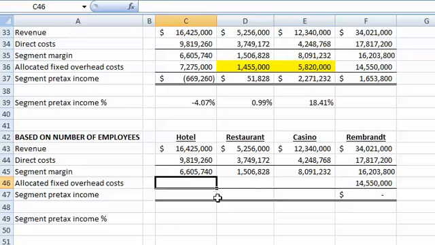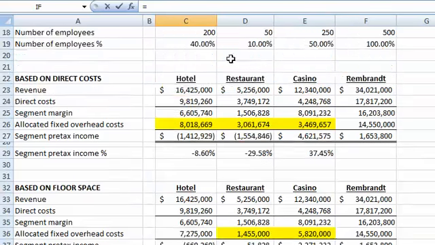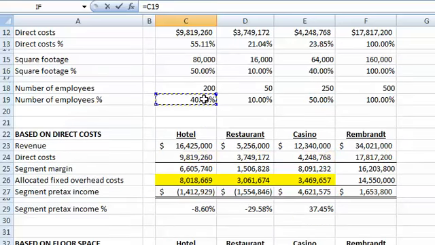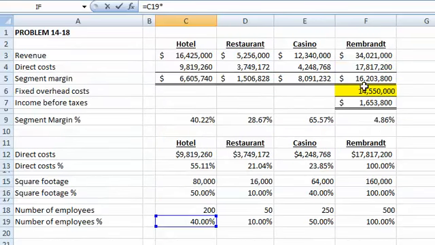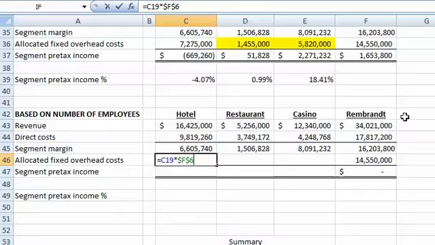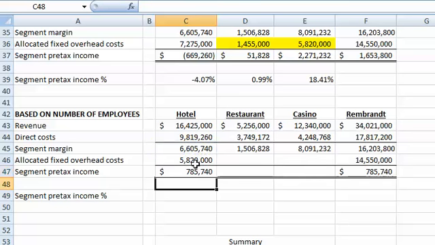So our allocated overhead based on number of employees, we'll take our 40% times our 14.5 million in overhead. From that, we will subtract that amount from our segment margin, and now suddenly our hotel, based on allocating overhead on the basis of number of employees, actually appears to be profitable.